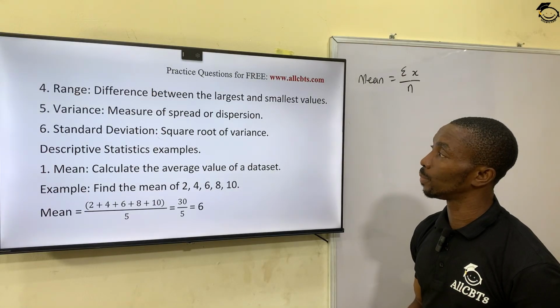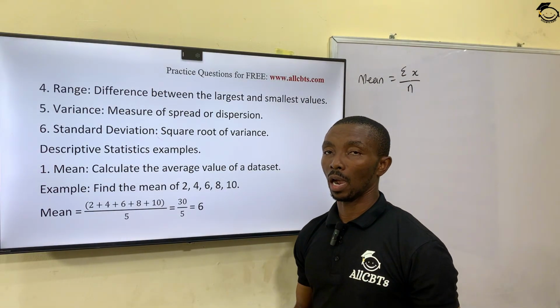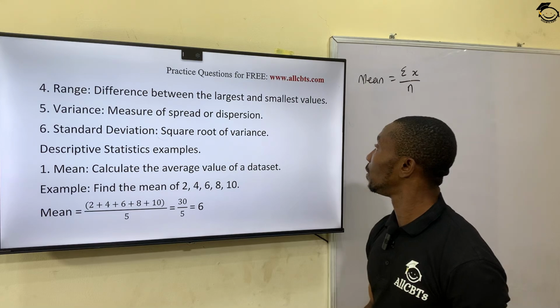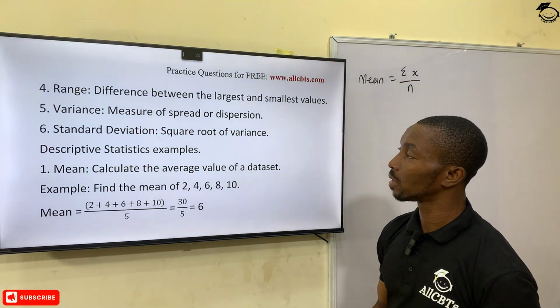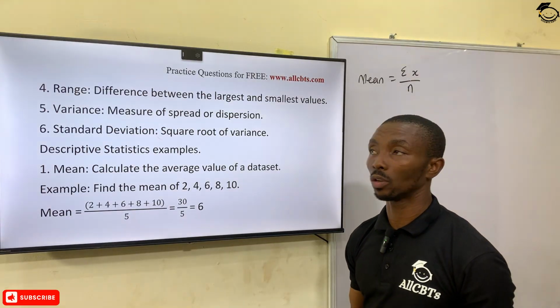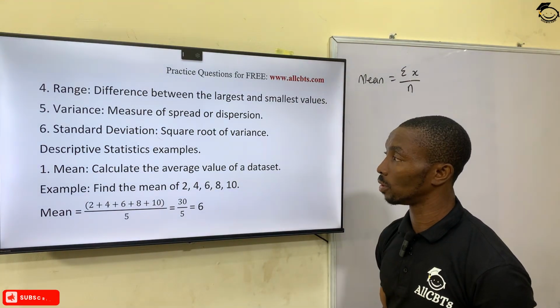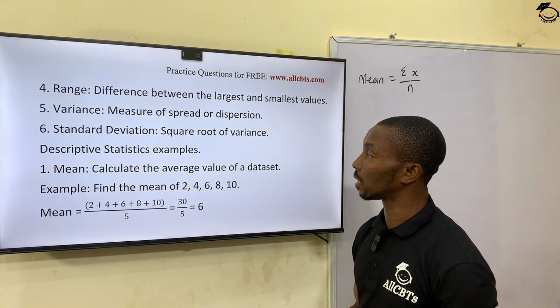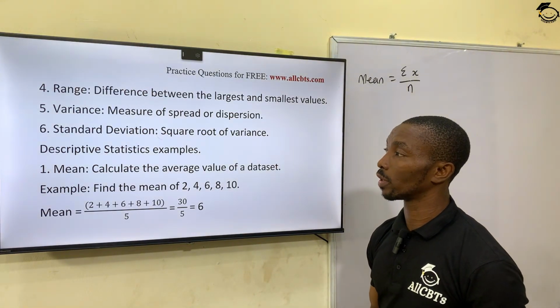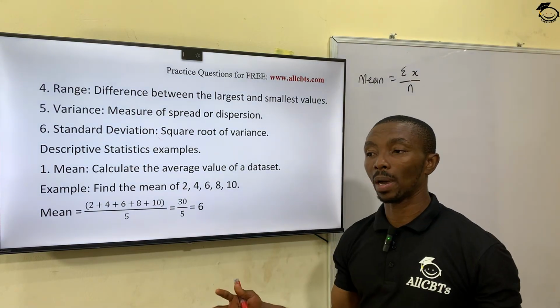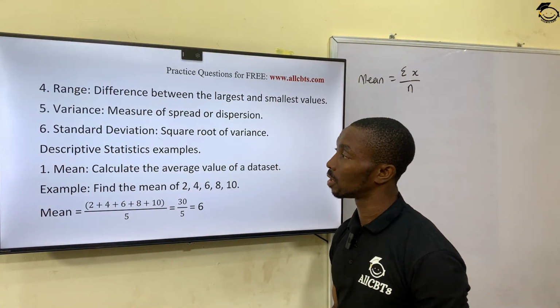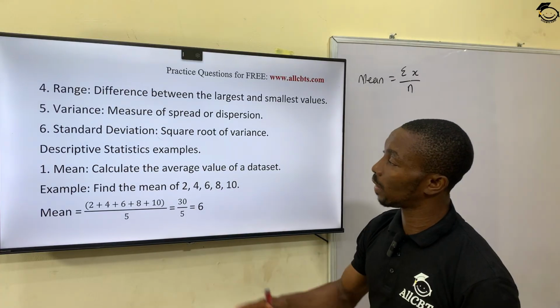Range is the difference between the largest value and the smallest value in a given set of data. Variance is a measure of spread or dispersion. Our variance and standard deviation help us understand how wide apart a set of data is.